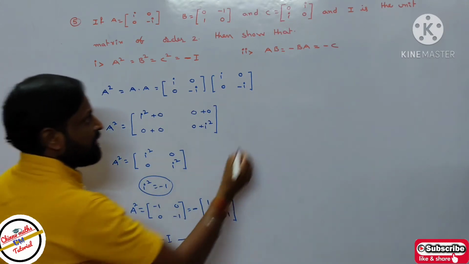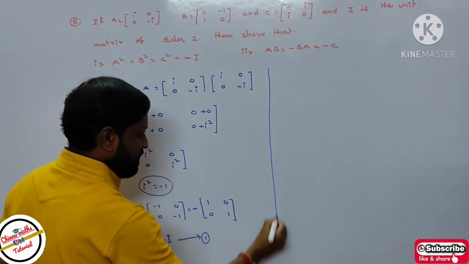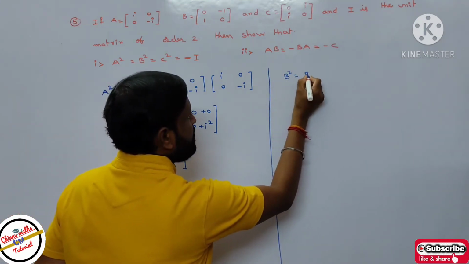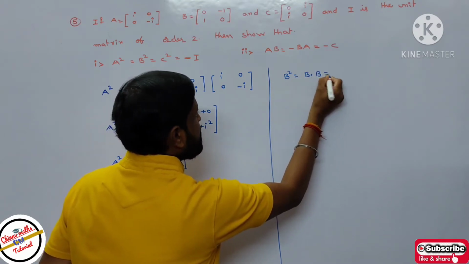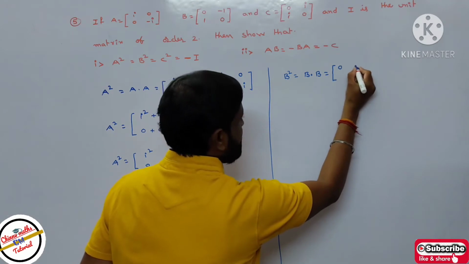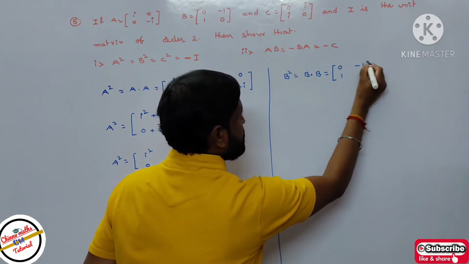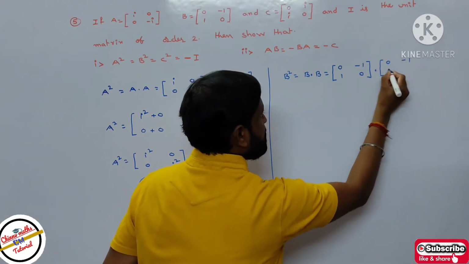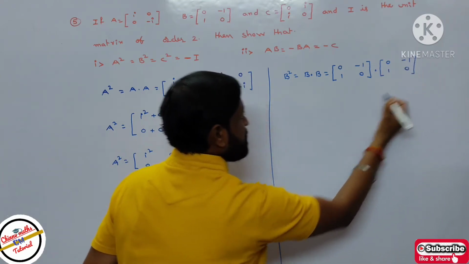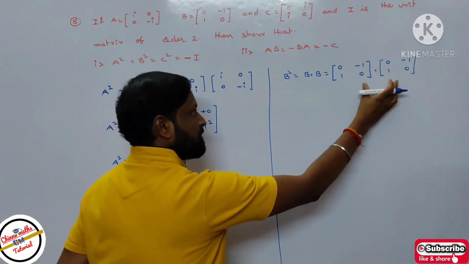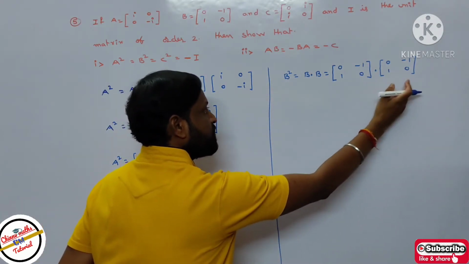Okay. Similarly, find the B square value. B square can be written as B into B. So what is the matrix of B equal to? 0 minus 1 1 0 into again 0 minus 1 1 0. So then the product rule is satisfied. Both matrices are of order 2 by 2.